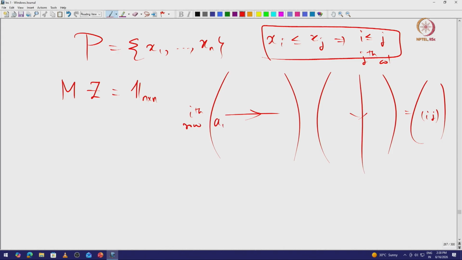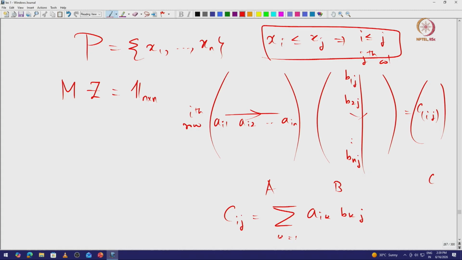We take the entries a_i1, a_i2, etc., a_in, and here it will be b_1j, b_2j, etc., b_nj. Then to compute the entry in the product, let us say this is my A, this is my B, the product is C. So, this is my Cij entry. The Cij entry will be given by the summation of A_ik B_kj, where k runs from 1 to n.